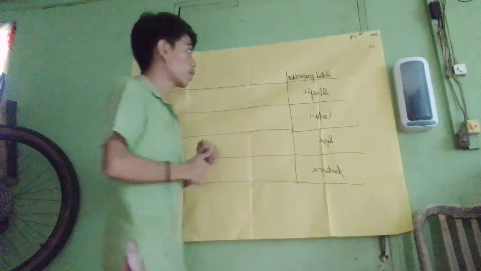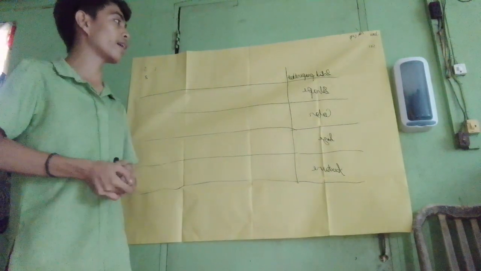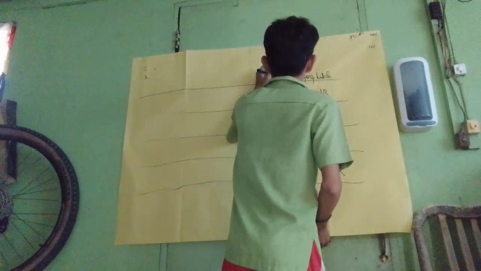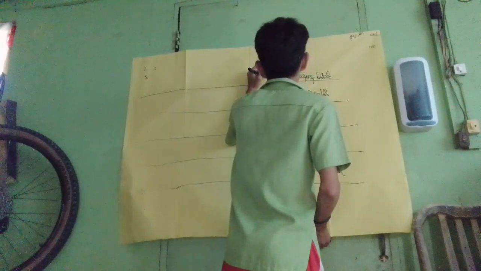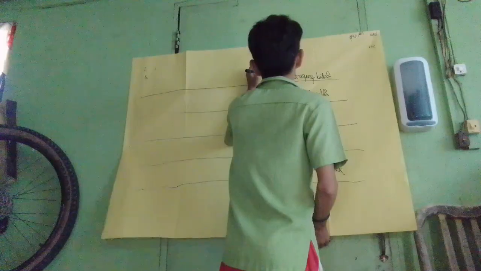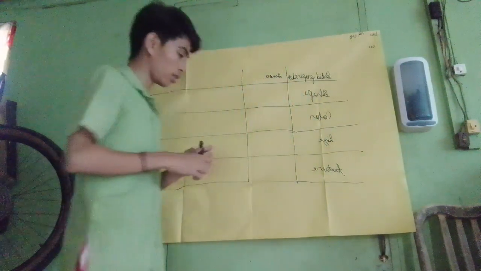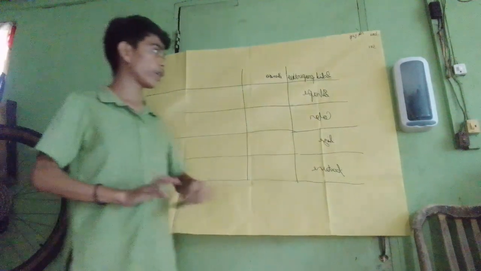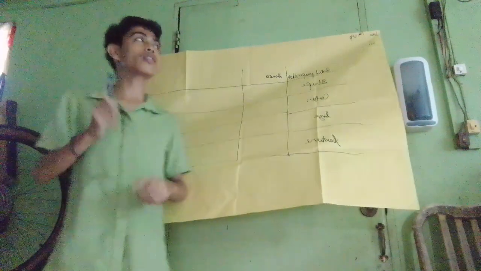So what sense do we use when we observe or identify the shape? When we observe a shape, what is the primary sense to identify solid materials?